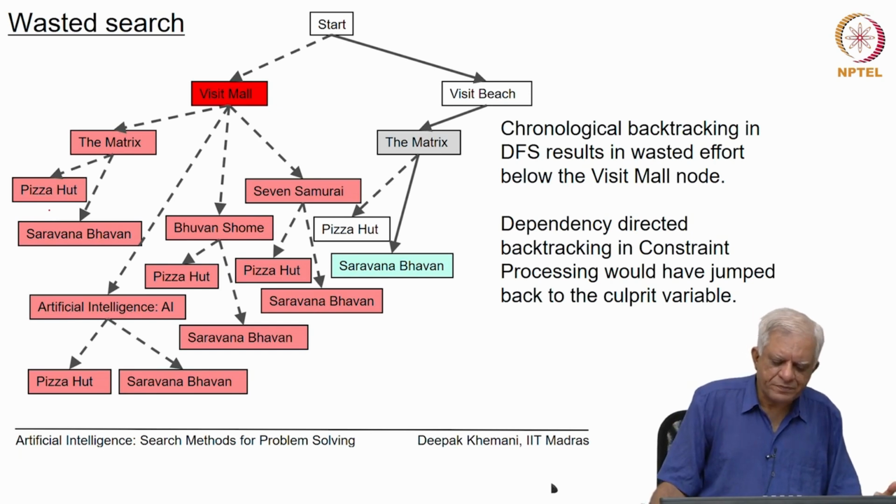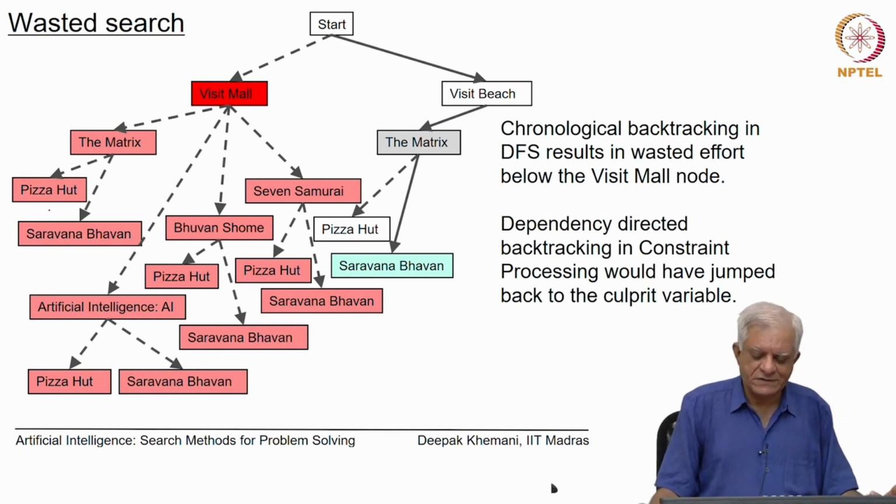Now, in the community of constraint satisfaction or constraint processing, people have worked out solutions where instead of chronological backtracking, you can, as they say, jump back to a relevant node or a culprit node.